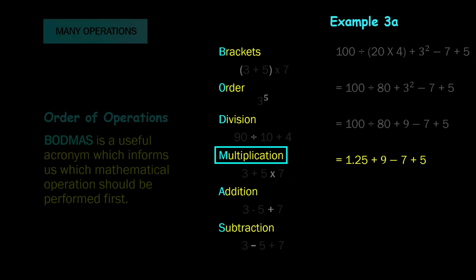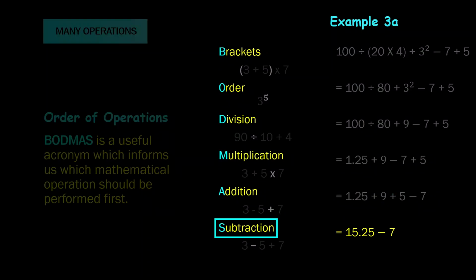There are no multiplications, so we move on to the next operation, namely addition. The additions are highlighted as shown. We rearrange so that all the additions are at the beginning and the subtractions are at the end. Now 1.25 plus 9 plus 5 equals 15.25. So we replace this with 15.25.